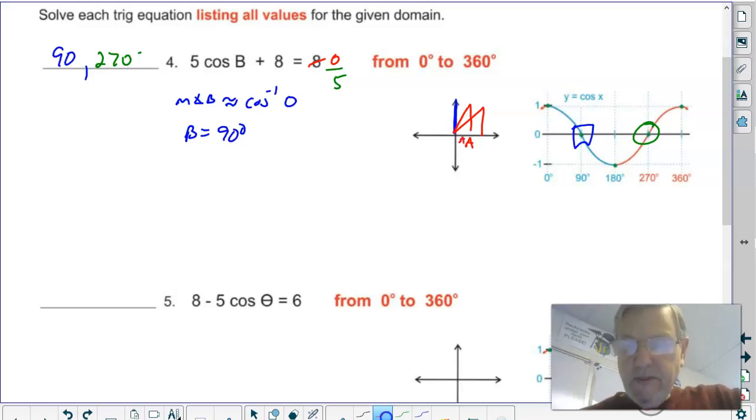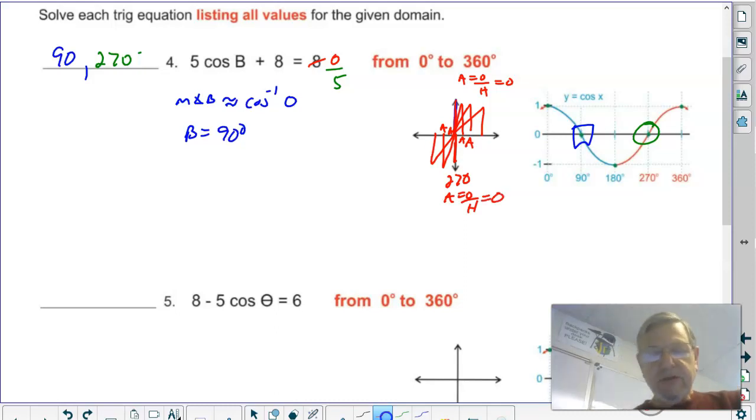See how the adjacent's getting smaller and smaller until finally, when you're right there, the adjacent equals 0 over that hypotenuse. And therefore you get a 0 and it's at 90 degrees. And that happens again. Look at your reference triangle there. Notice the adjacent is that size, and now the adjacent is smaller until finally at 270 the adjacent equals 0. And again, when you divide that by the hypotenuse, you get a 0 at 270.